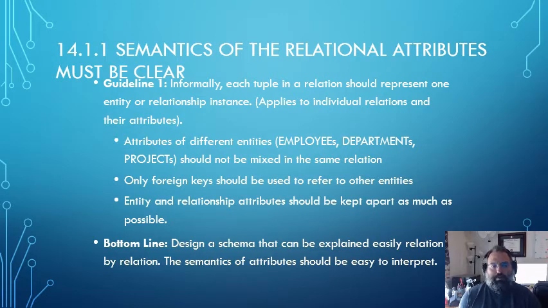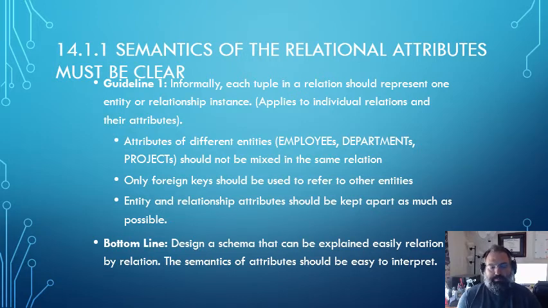Guideline 1, informally: each tuple in a relation should represent one entity or relationship instance. This applies to individual relations and their attributes. Attributes of different entities, employees, departments, projects, and so on, should not be mixed in the same relation. Only foreign keys should be used to refer to other entities.